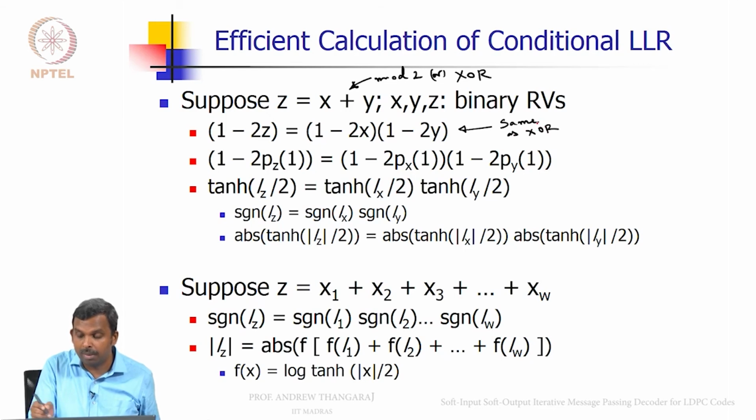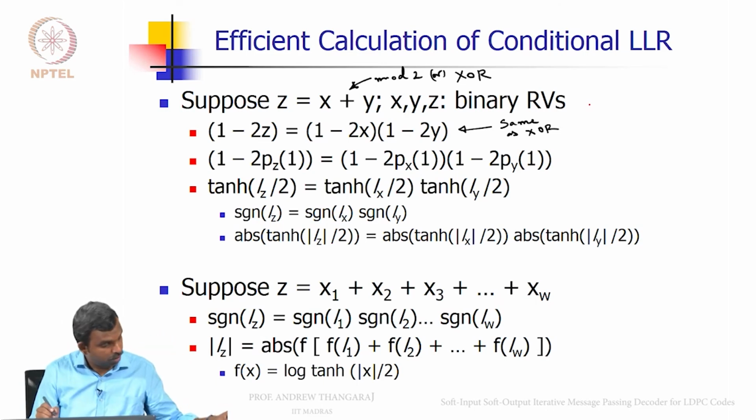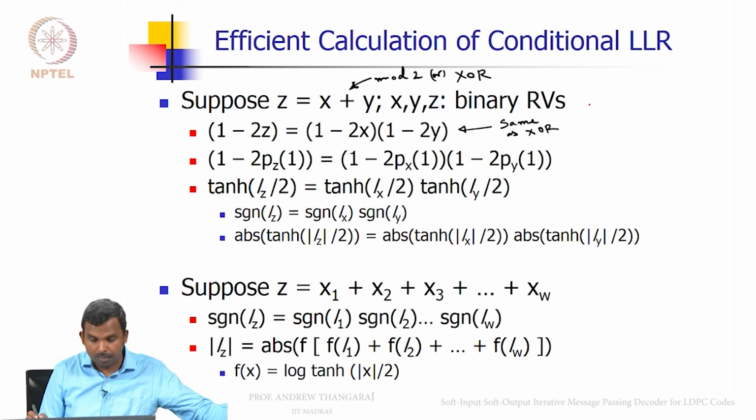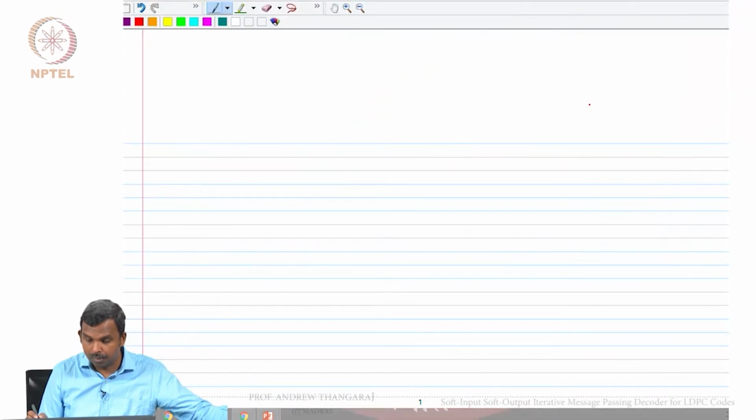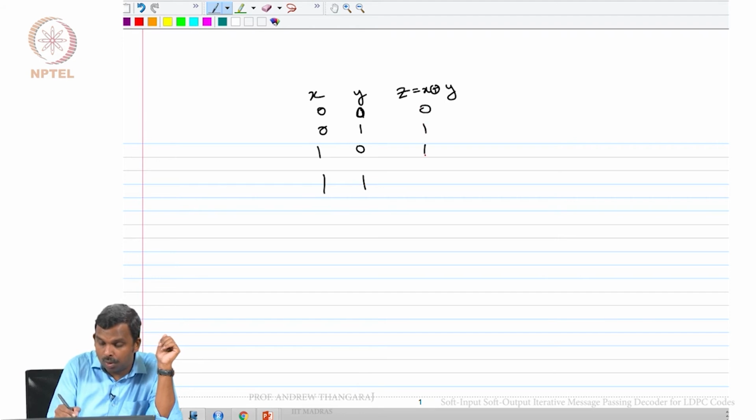If you do not believe me, you can make a little table here, x, 1 minus 2x, y, 1 minus 2y. With x, y, and z equals x XOR y, you have 0 0 0, 0 1 1, 1 0 1, 1 1 0.